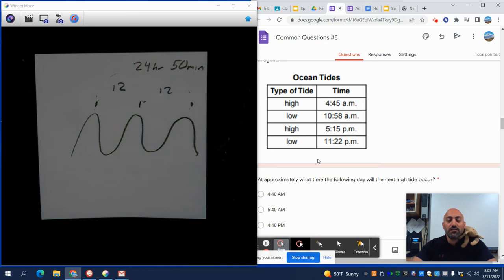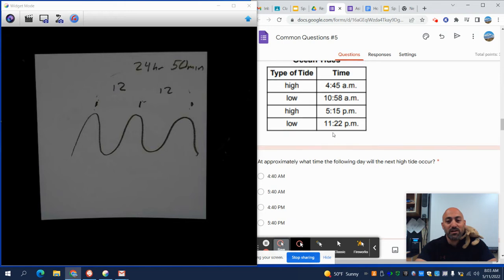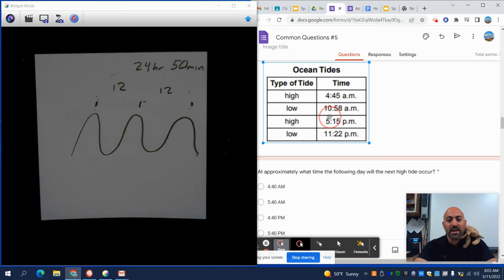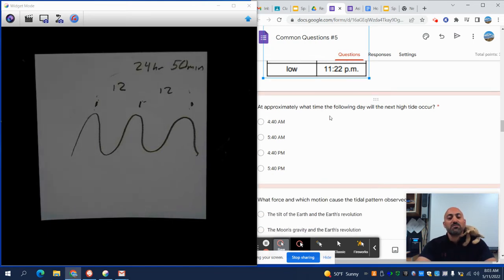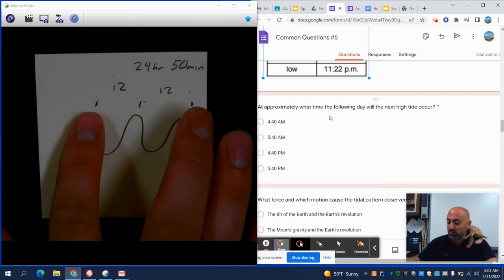So when it's asking when the next high tide will occur, here it's not from one to the next. This is only showing you half of the picture. It doesn't get you the full 50 minutes. Okay, so just make sure you're paying close attention to what they're showing you. It's a 50-minute change from day to day.